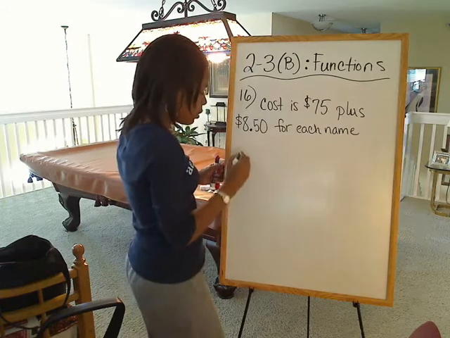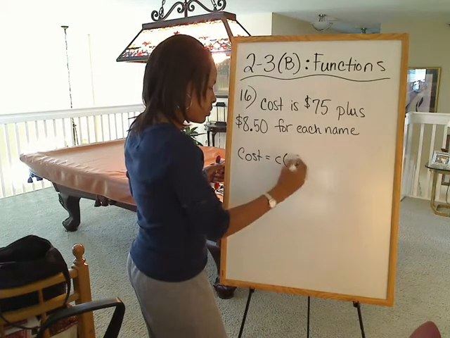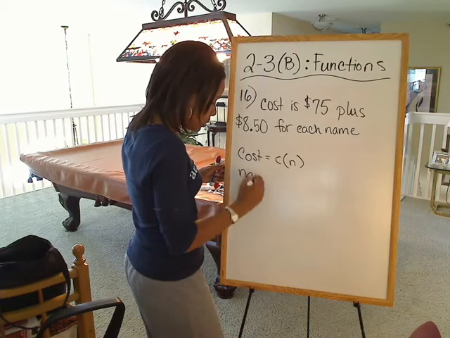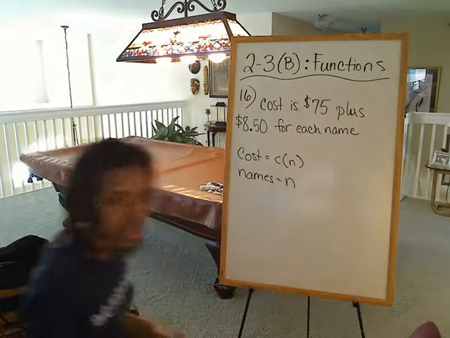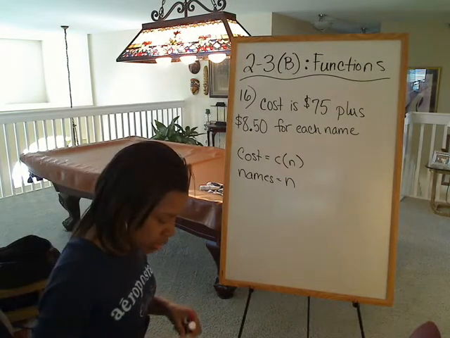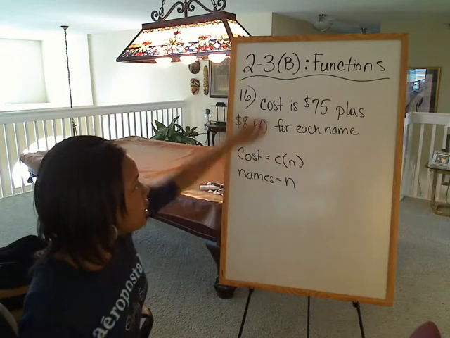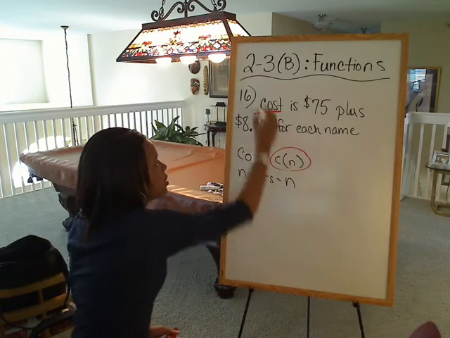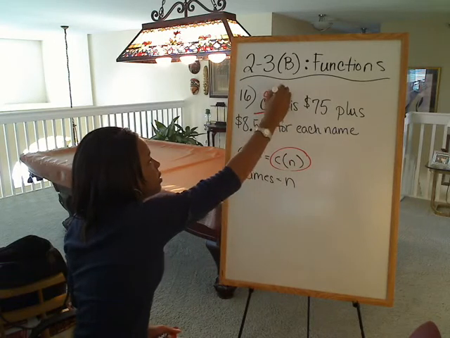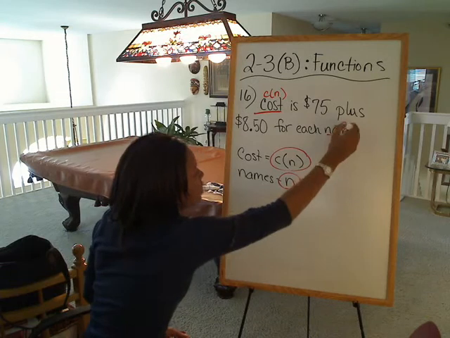So they're telling you they want the cost to be C of n, and they want names to be the variable n. So they're giving you things to use inside of your equation or your function. They're giving you variables. The cost should be called C of n, and names should be called n.